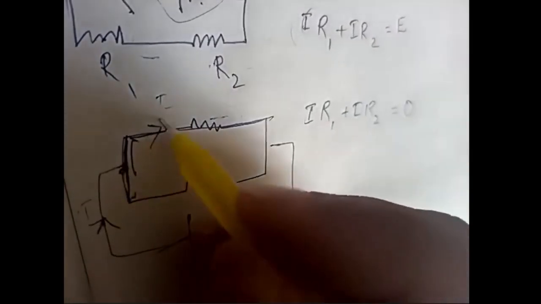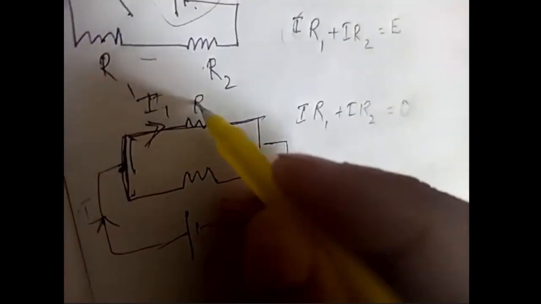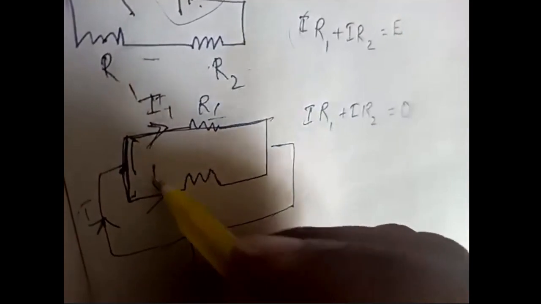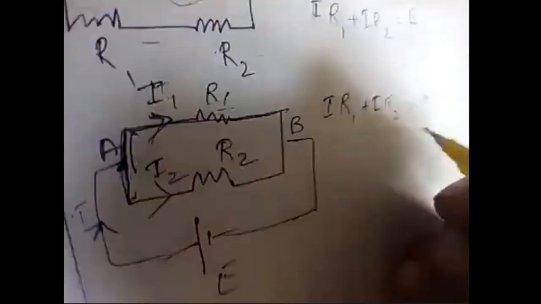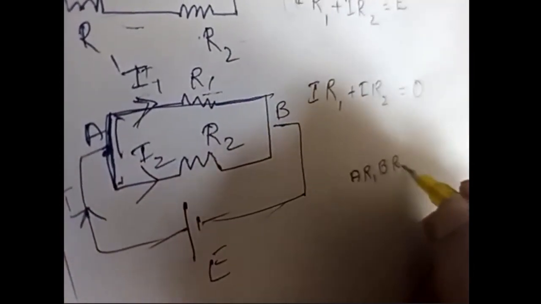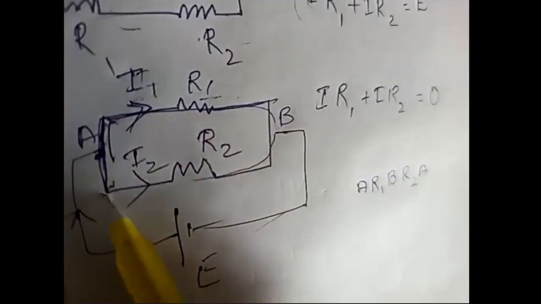At this point it will be split into I1, through R1, and I2, through R2. Consider this point to be A and this point to be B, so the loop is A, R1, B, R2 and A.